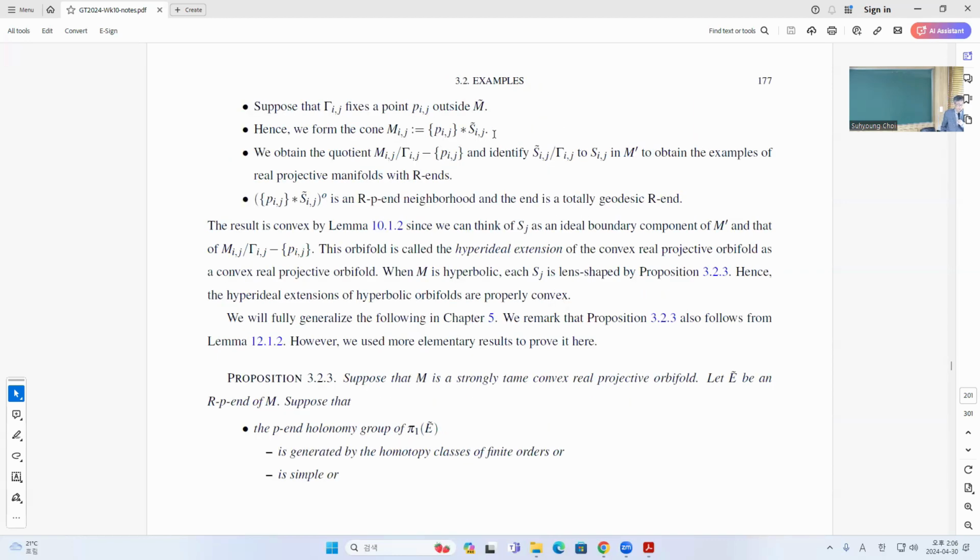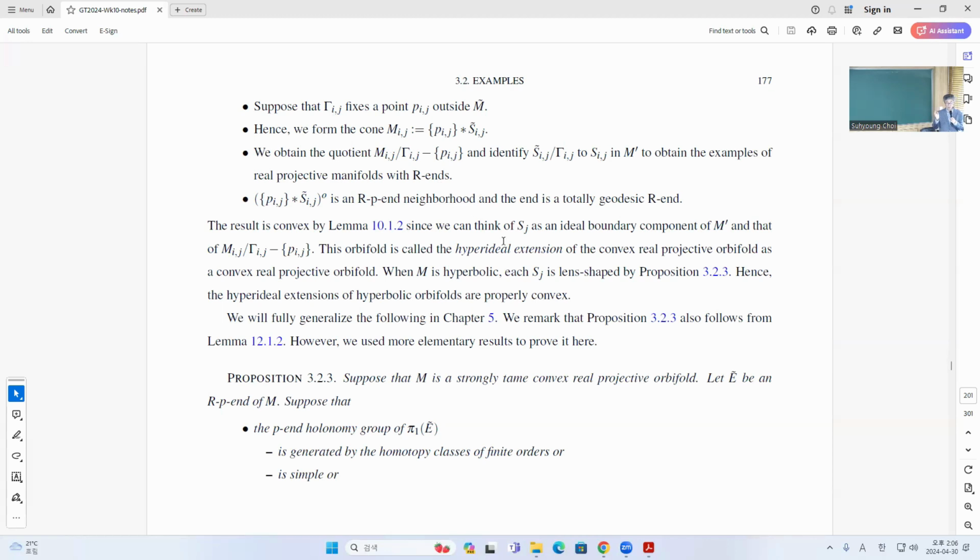And so suppose that these fix some common point outside M tilde, then you can form a cone. And then this portion, you can identify this cone with the rest of the manifold to obtain a manifold with radial ends. Okay.